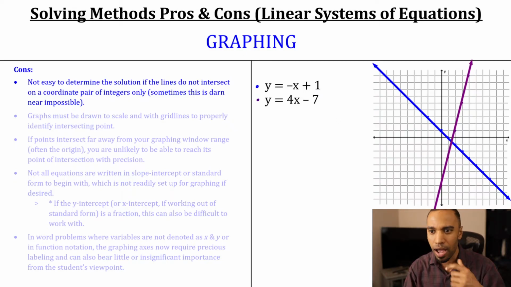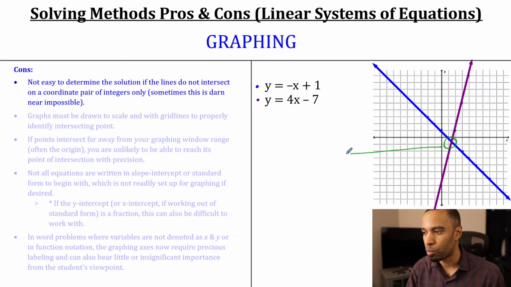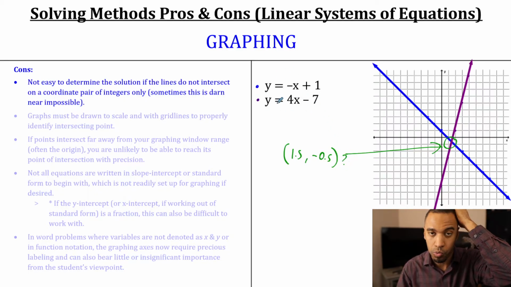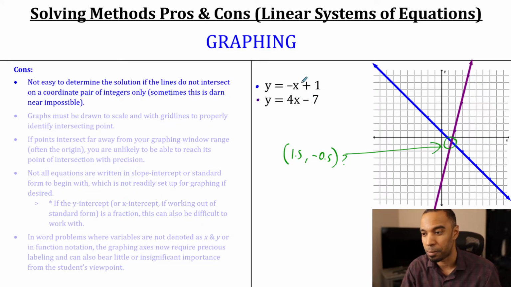And, you know, I don't know, and you don't know right now at this juncture what that actual point is right now. Is that 1.5 and negative 0.5? I'll let you know. We're going to solve this one later using substitution and elimination, and we'll know for sure. But I don't know what that thing is, because it's not right on an integer spot. And that's one of the ones that, well, I don't want to solve that one by graphing.